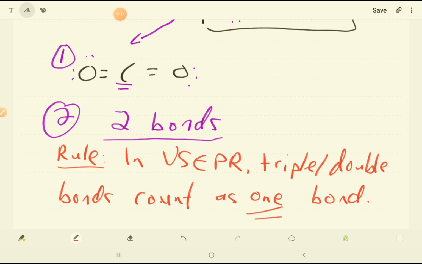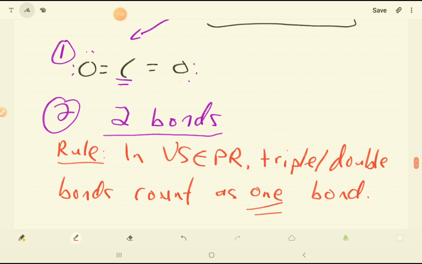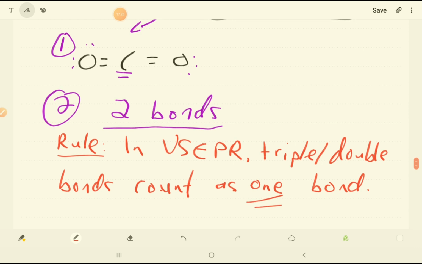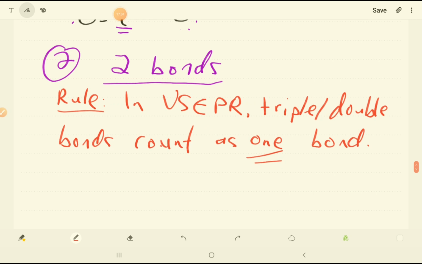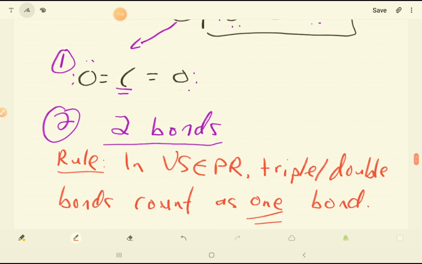But for now, for us to have some sort of working knowledge, we're just going to consider that a double and a triple bond count as 1 bond. So in this case, counting these doubles as 1, we're going to say that carbon has 2 bonds. So 2 bonds. And the number of lone pairs, well, I know that each oxygen has 2 lone pairs each.